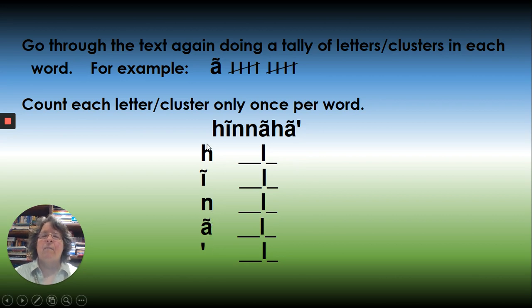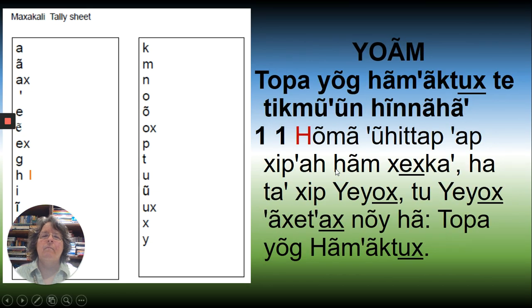Now the H, and the A tilde, we've already counted it, so we're not going to count it again, and then the glottal stop. So it's an 8 letter word, but we only want to know about the letters that make up the word, not how many times they appear.